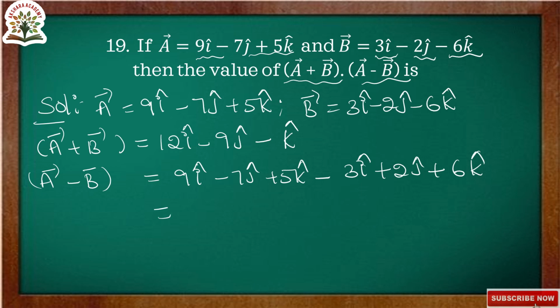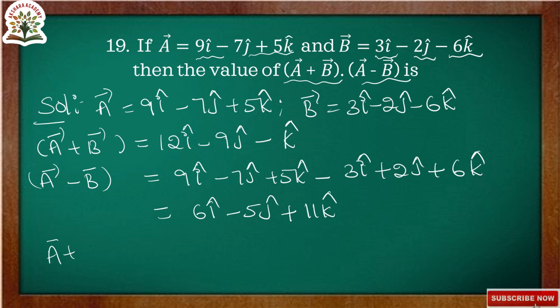So 9 minus 3, 6 I cap, minus 7 plus 2, minus 5 J cap, 5 plus 6, 11 K cap. This is A bar plus B bar and this is A bar minus B bar. Now we are doing dot product of these two.